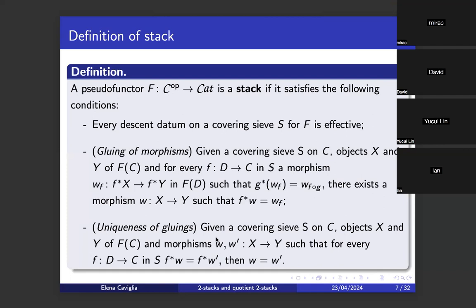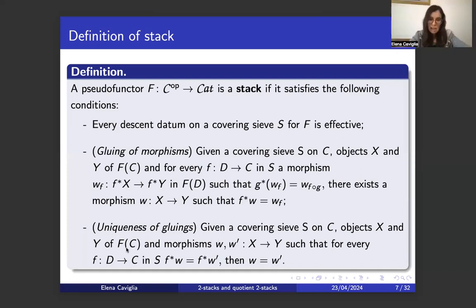So if we have two objects in F of C and two morphisms between them that agree locally, so F star of W is equal to F star of W prime, then they are equal. So we have these three conditions: effectiveness of descent data on objects and a sheaf on morphisms.